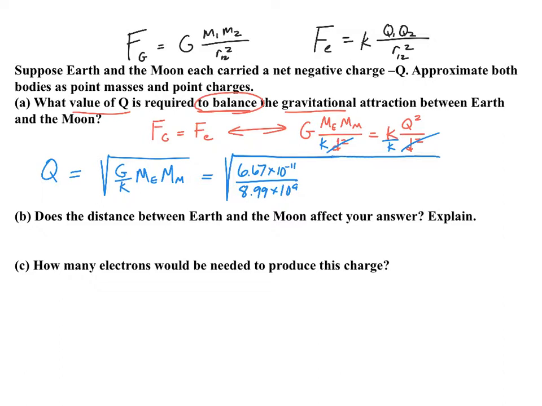And then mass of the Earth, let's see here, that's 5.98 times 10 to the 24th kilograms, and the Moon is 7.35 times 10 to the 22nd kilograms. You crunch all those numbers together, 5.71 times 10 to the 13th coulombs.